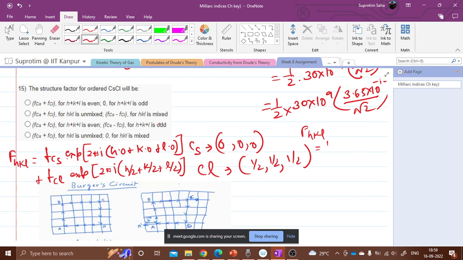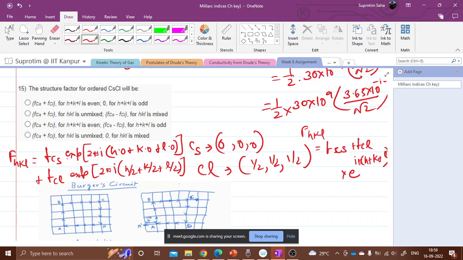So F(hkl) is F cesium plus F chlorine times e raised to i pi (h plus k plus l). Now if h plus k plus l is even, F(hkl) would be F cesium plus F chlorine.